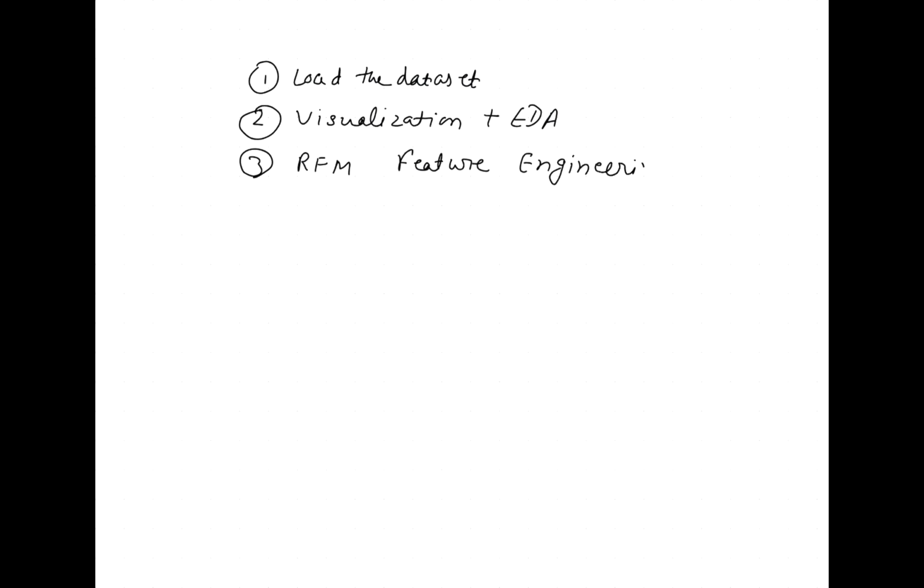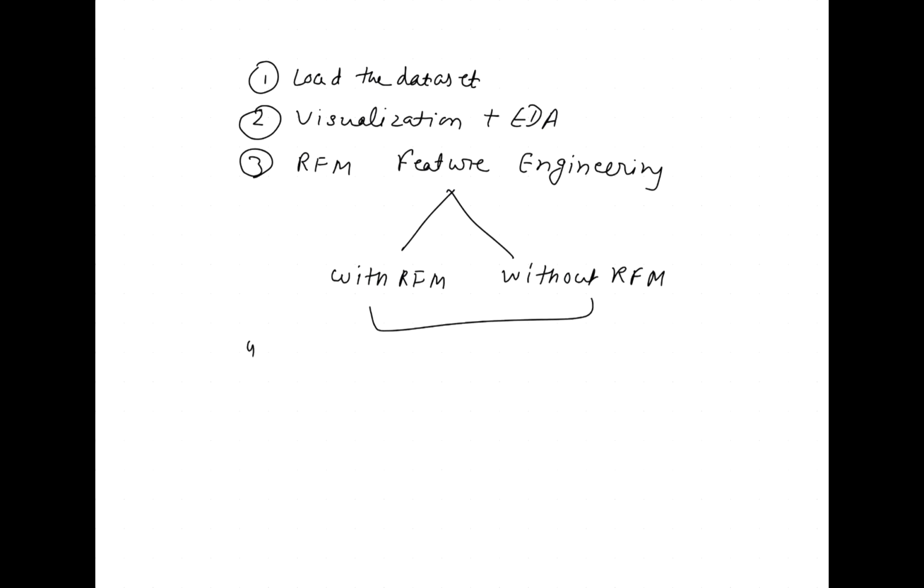I am going to apply two models here, one with RFM and one without RFM, because I want to show you the difference, and then we will do some visualization. After this, in the fourth step, we are going to do evaluation, using two methods: elbow and silhouette.